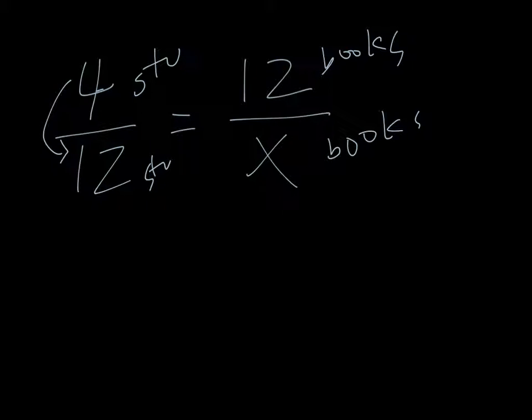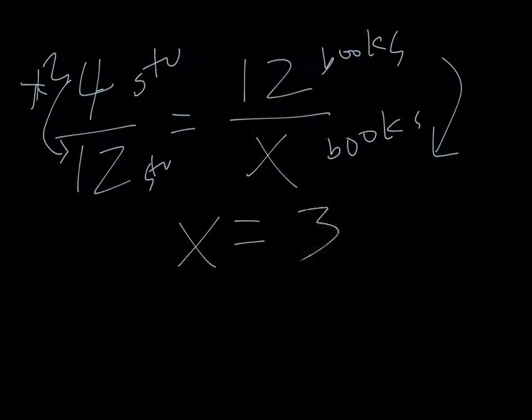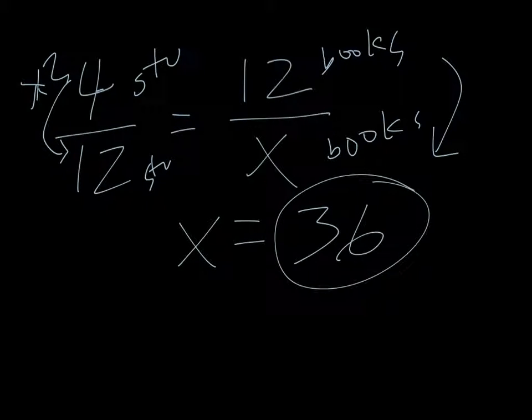Well, I know going from 4 to 12 would be multiplying by 3. 4 times 3 is 12, so 12 times 3 would be 36. All right, guys, I would need 36 books if we had 12 students in class. That would be pretty heavy.